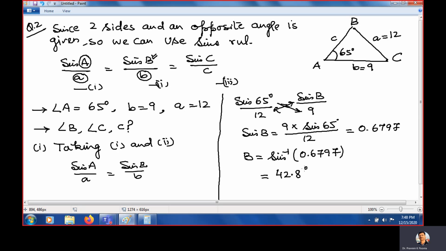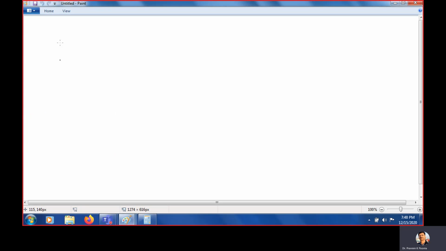So we calculated the angle, 42.8 degrees. Now we know the value of B. Clear? Now angle A is known, angle B is known, so we can calculate the third angle. By what property? Now the second point is angle A plus angle B plus angle C is equal to 180 degrees.